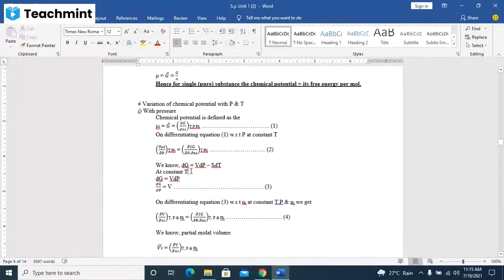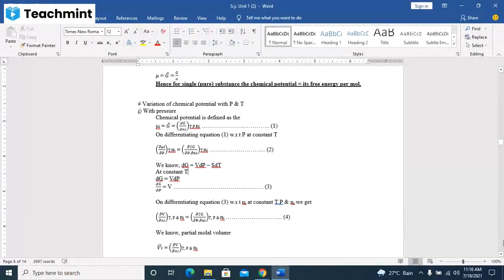At constant T, the dT term will be zero, therefore dG is equal to VdP, and dG by dP is equal to V. On differentiating this equation with respect to Ni at constant T, P and Nj, we get delta V by delta Ni at T, P and Nj is equal to delta 2 G upon delta P into delta Ni. This is equation number 4.